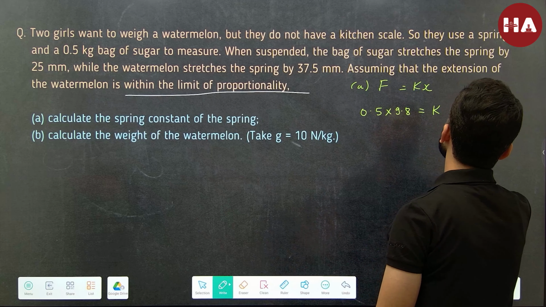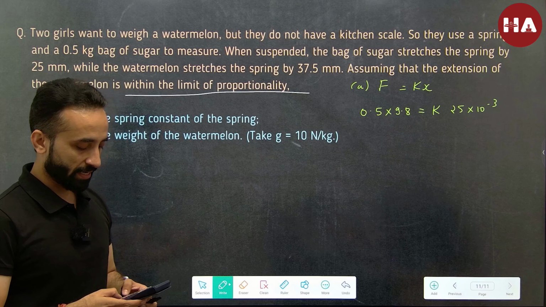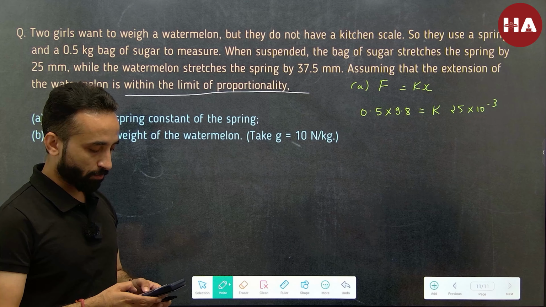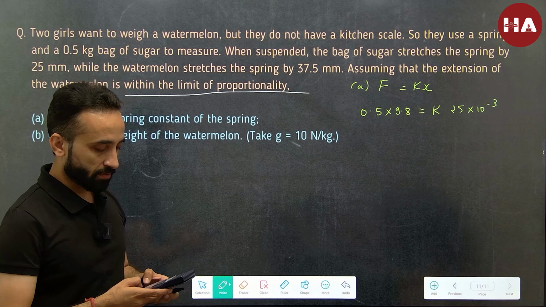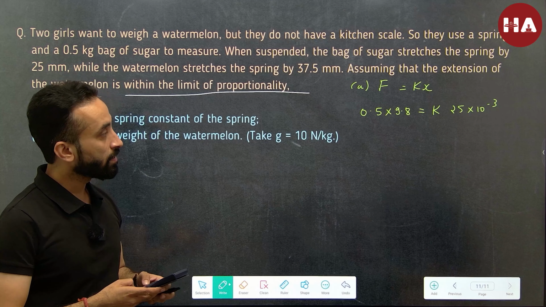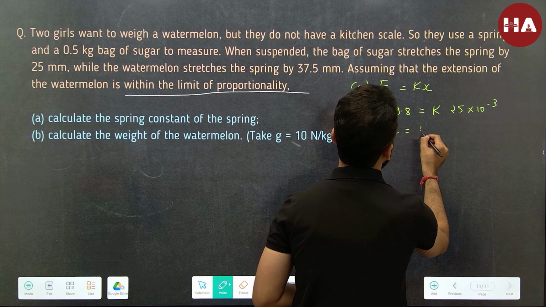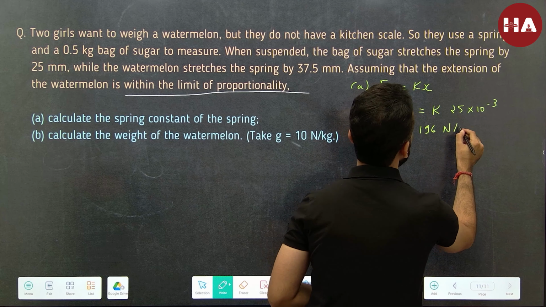So let's write it as 25 into 10 raised to the power minus 3. Why so? We are wanting to convert that to meter, the SI unit. So the answer that I'm getting is 0.5 times 9.8 times 1000 divided by 25. So what I am getting is K is 196 Newton per meter.